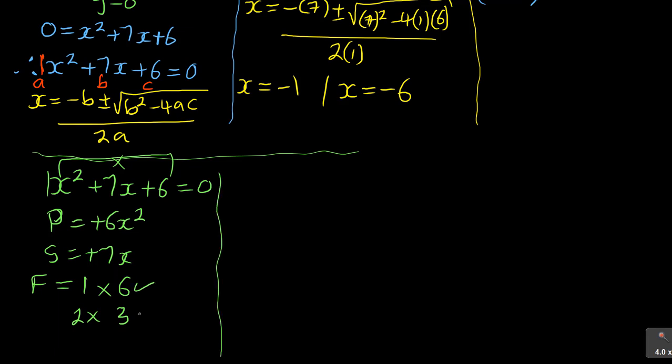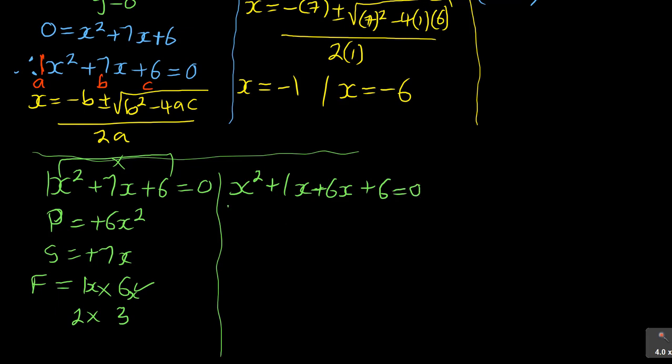And again, if you want to understand more of the product sum method, you definitely need to grab hold of my Mathematics N2 for the Underdog textbook, which comes with videos. I explain a lot on this part. So now these are the factors, and then you write them as x squared plus 1x plus 6x, because here I've got 1x and I've got 6x, and plus 6 is equal to 0.